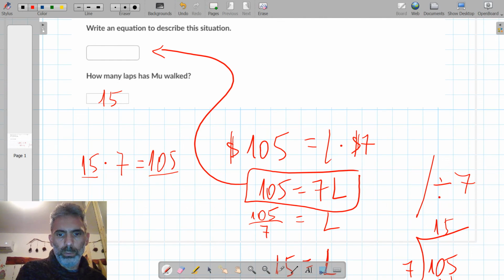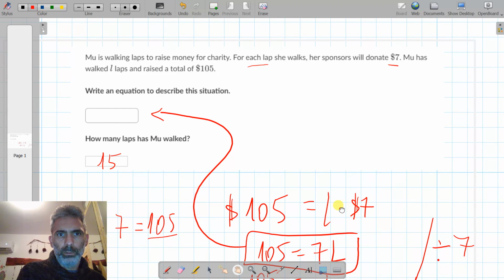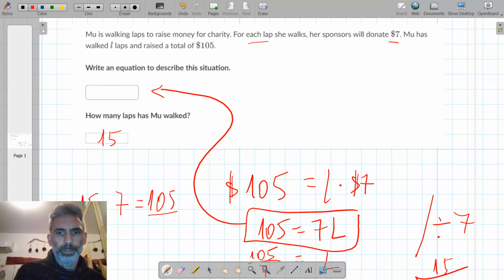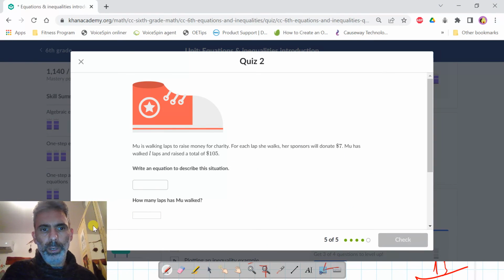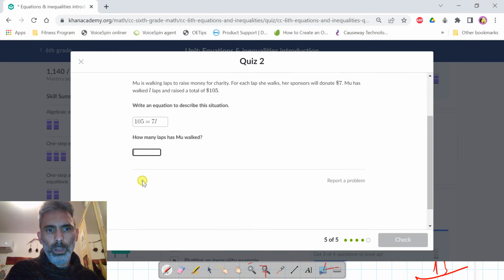This is the total number of dollars that she has raised for charity. So 105 equals 7L. And this is the number of laps she walked.